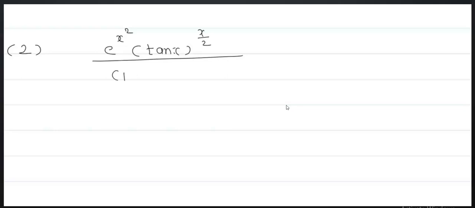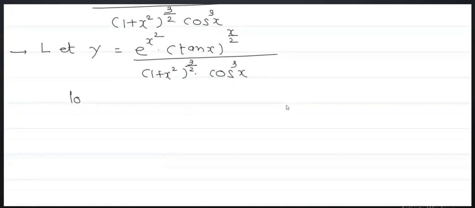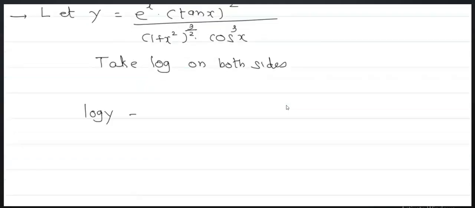The next example: y is equal to e raised to x square times tan of x raised to 1 by 2, upon (1 plus x square) bracket raised to 3 by 2 into cos cube x. Now again take log on both sides.